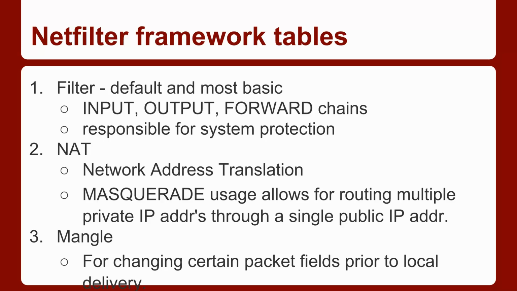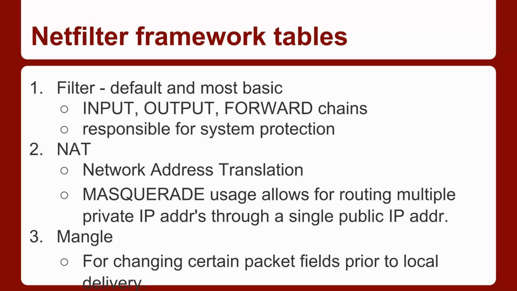So NAT, if you haven't taken a networking class before, is network address translation. It allows for subnets, and it's basically the main reason why IPv4 is still alive today. Its main chain is masquerade and allows you to translate from one IP space to a different IP space. So for instance, the global IP range to the subnet IP range, which most people think of as just 192.168.1.whatever their router assigns them, right?